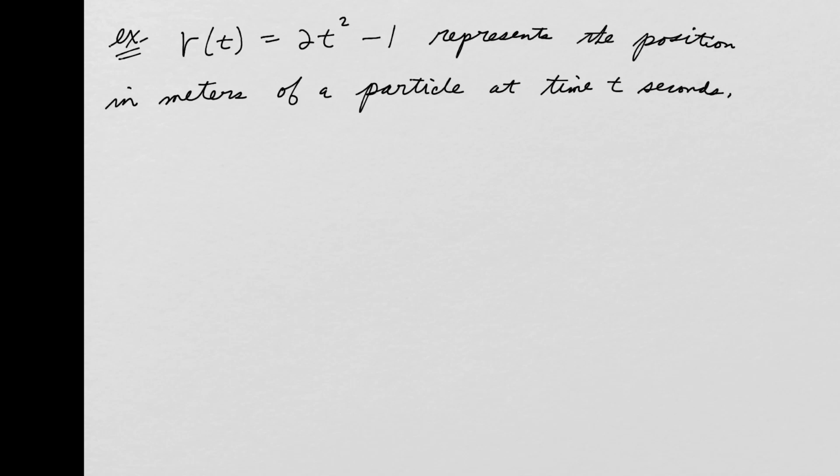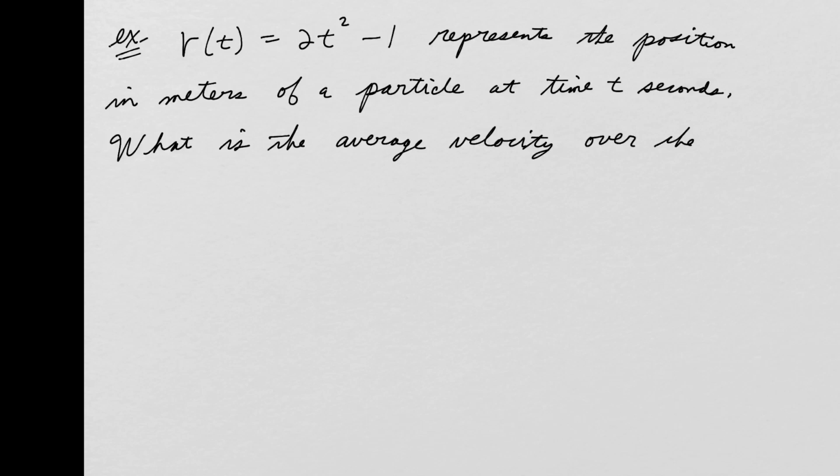What is the average velocity over the interval from 1 to 3 seconds?